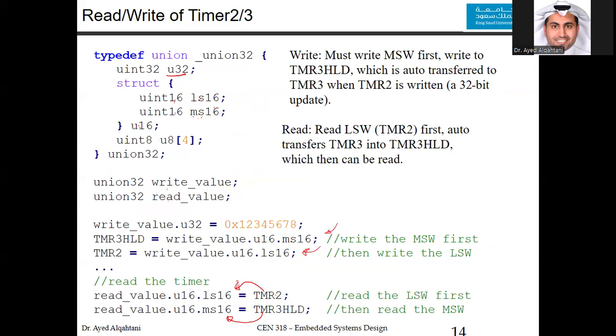I think from now on, we will never use the 32-bit timer at all in our class. It's only in very specific cases, and usually if you need a timer that has a bigger period, you choose a microcontroller that supports that. You don't stick with the big 24.